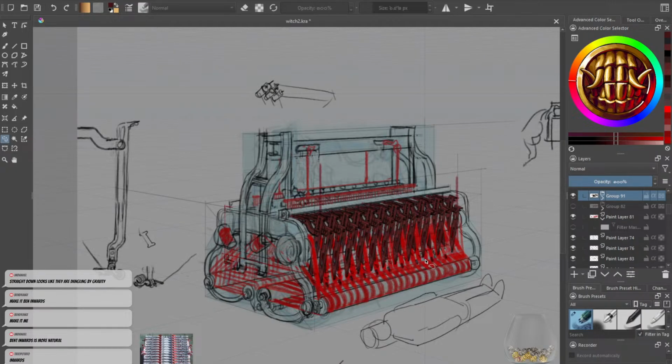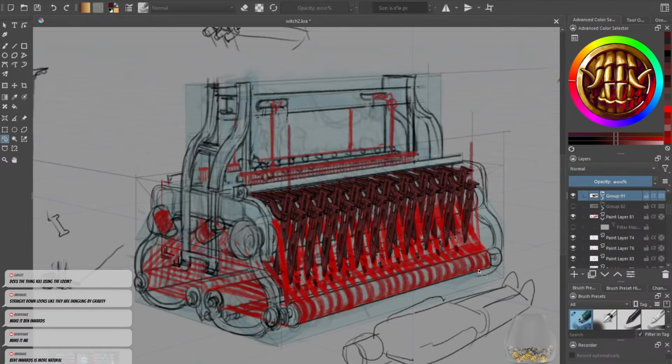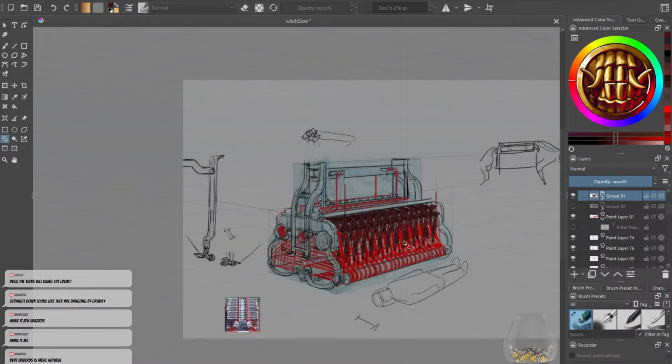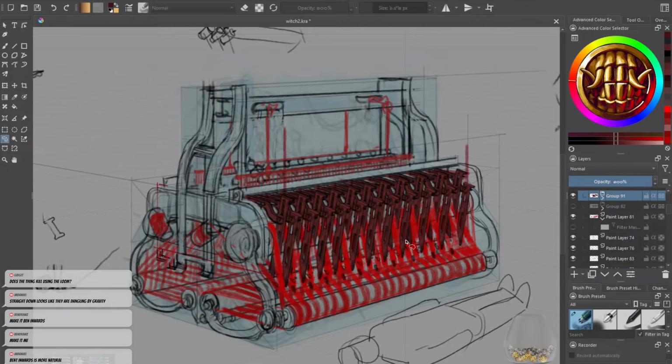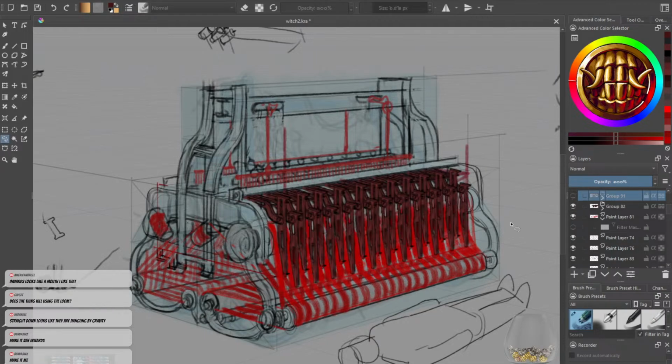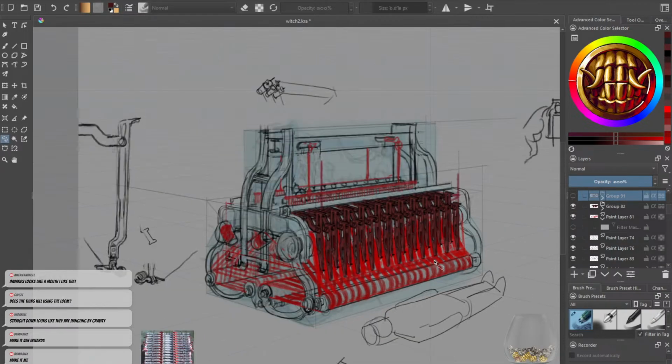Yeah, you're right. Daniel, you're completely right. Straight down looks like they are dangling by gravity. Having them curved in makes it more intentional. Like there's something pulling them inwards, it's actively working and doing something. Now that you mention it, it does kind of look like they're just dangling there.